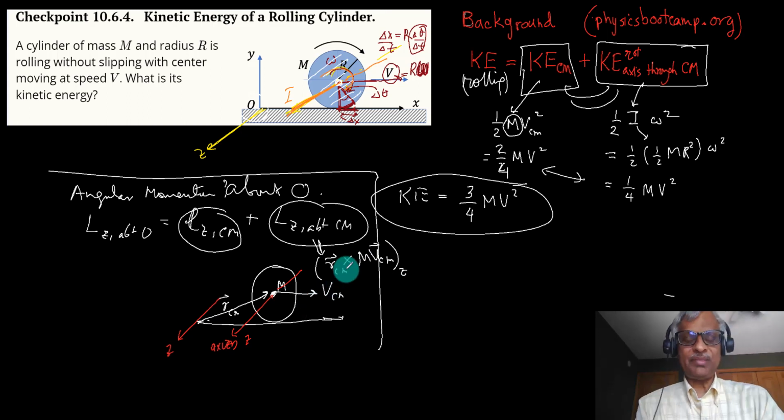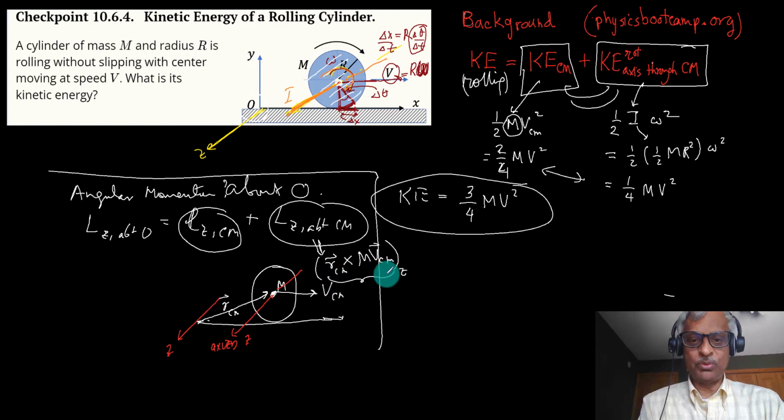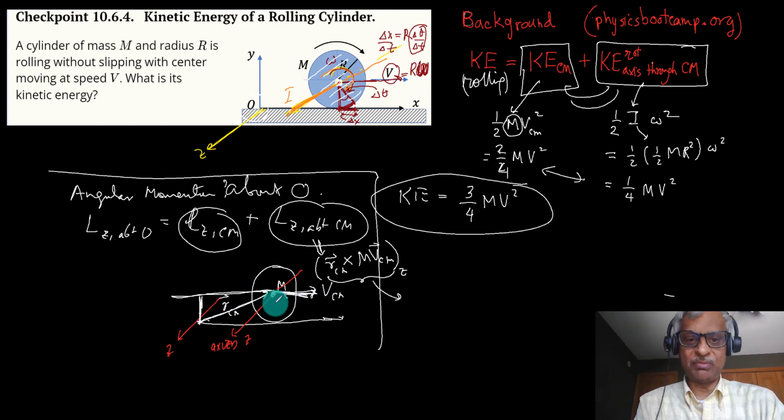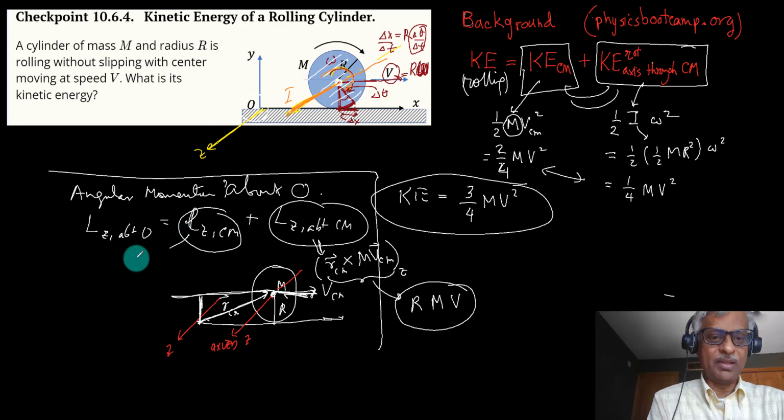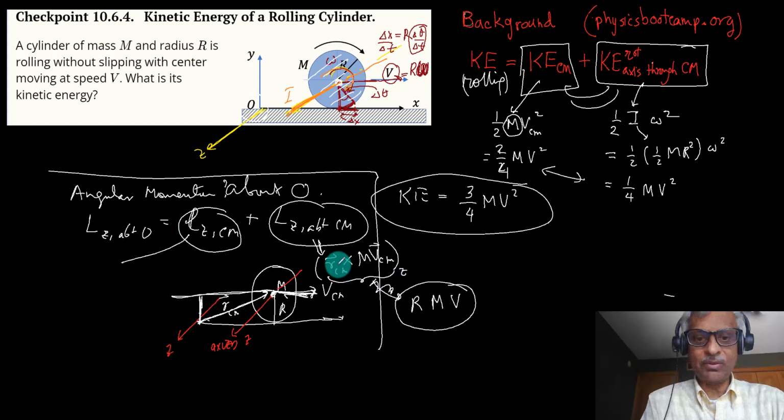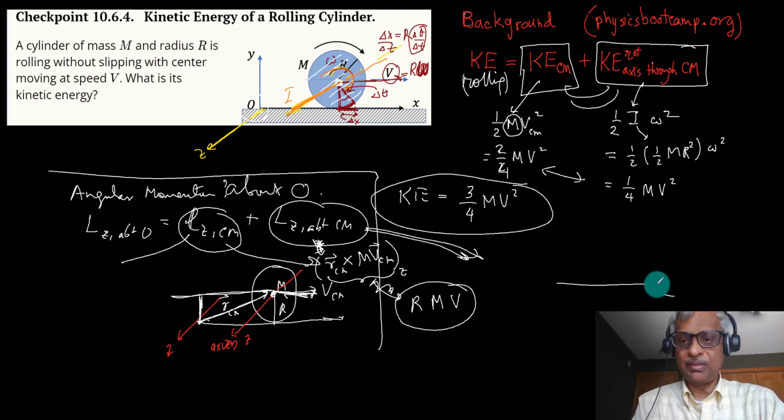This would be simply along the x-axis, so this R will have this as the lever arm, lever arm times the V, which will be just radius R. So it could be R m V. I'm sorry, that is not the answer for that part. The answer for that part about CM is as follows.